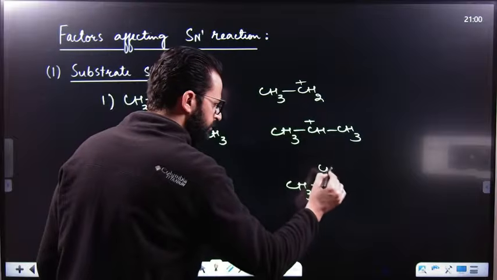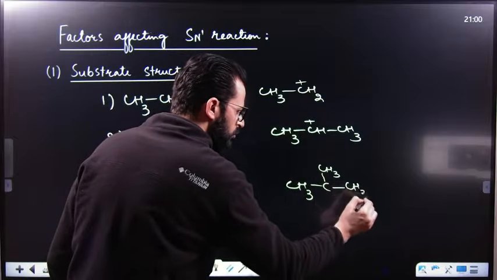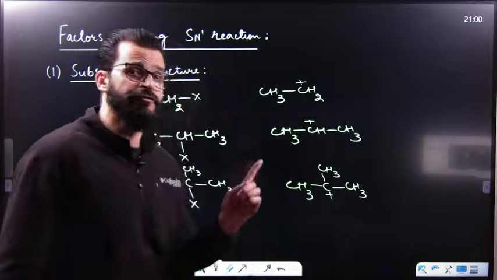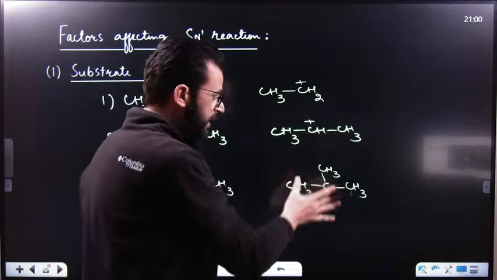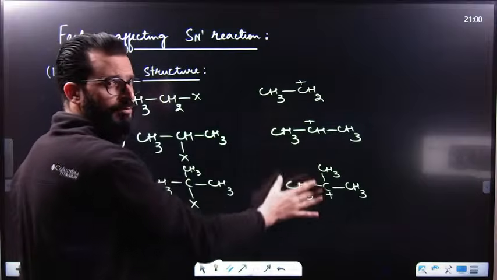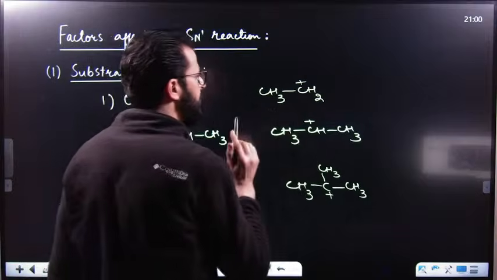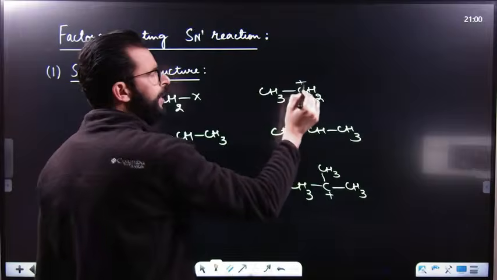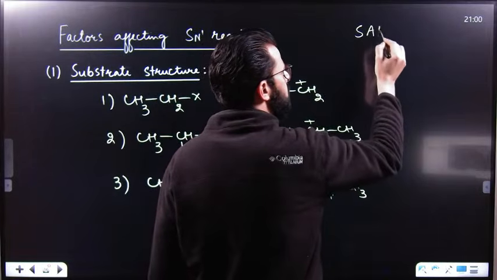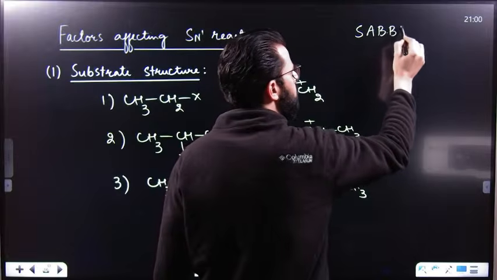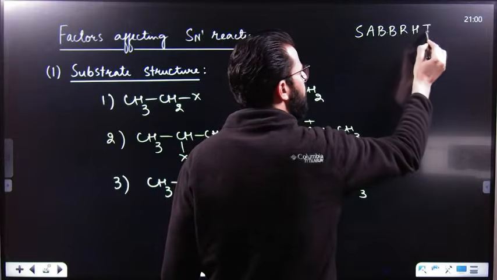Now have a look. When you remove leaving group and form a carbocation, without rearrangement. Now in rate determining step form a carbocation, but don't do rearrangement over here. This carbocation, stability of carbocation depends on strain, aromaticity, back bonding, resonance, hyperconjugation and inductive effect.